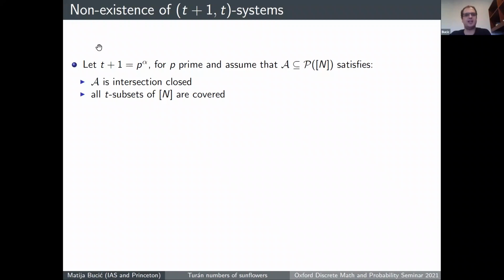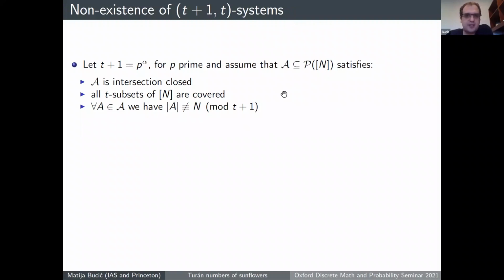So I'm assuming that A is intersection closed, that all the t subsets of the ground set are covered by members of our set family, our system, and also that the size of our system is not congruent to the size of the ground set modulo t+1. These were the 3 defining properties of a (t+1, t) system.